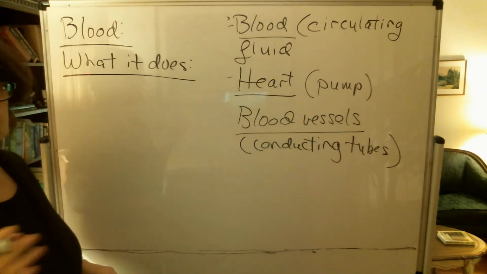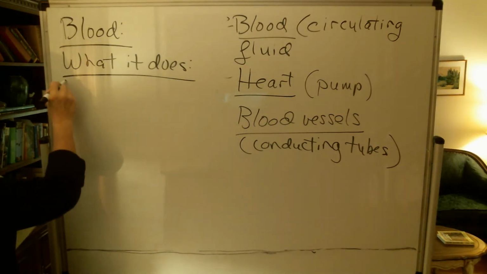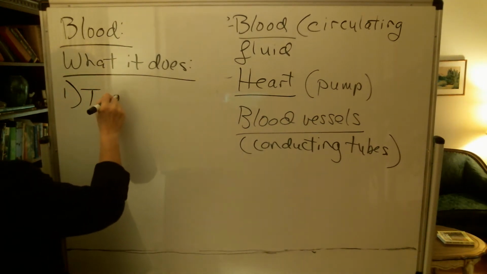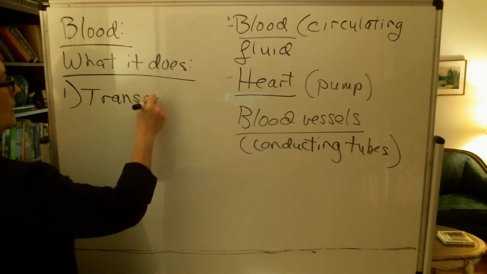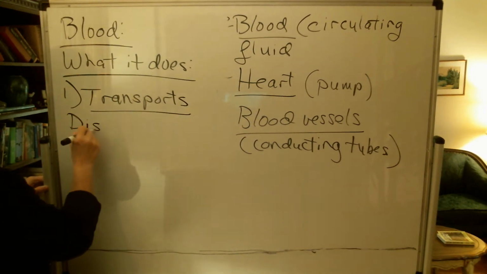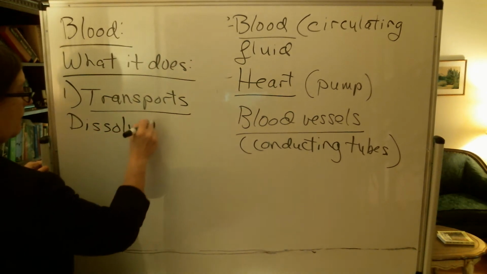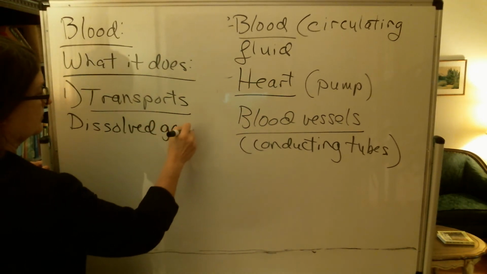So blood has many different categories of things that it does. So first of all, it transports dissolved gases. You know that.